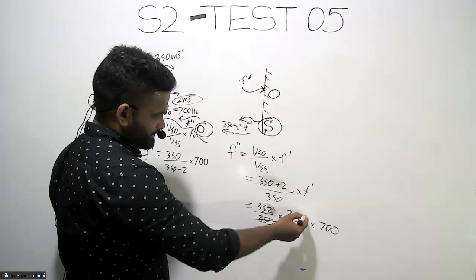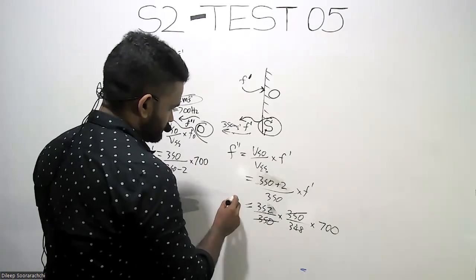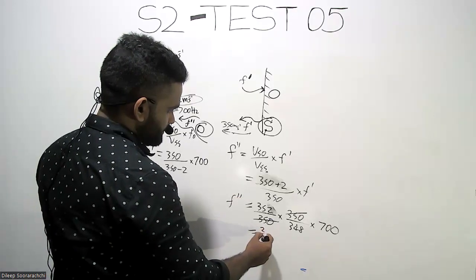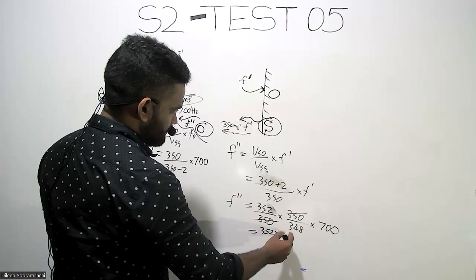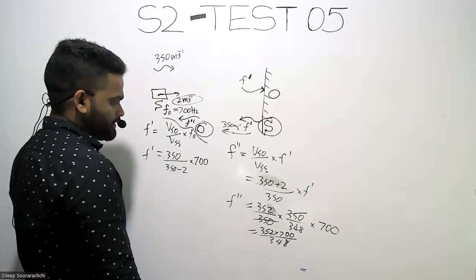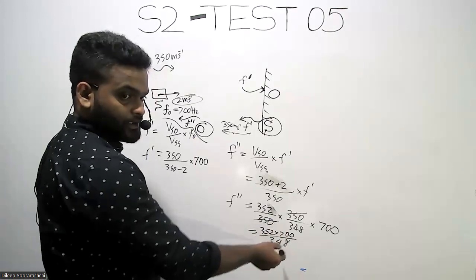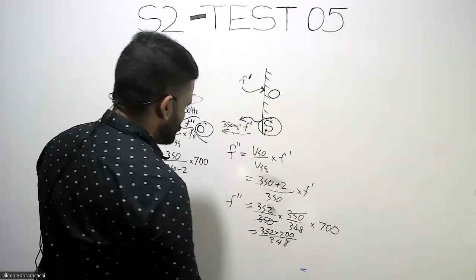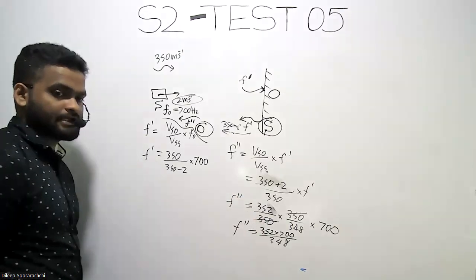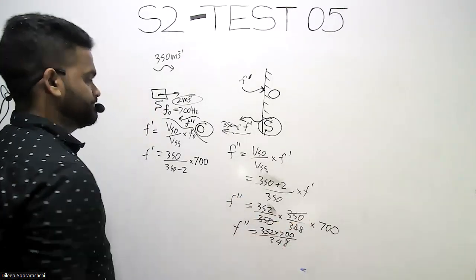Then I'll just cancel these two. So this becomes 352 times 700 divided by 348. If you want, you can further simplify this. Okay, now we have an expression for f double dash, this much.